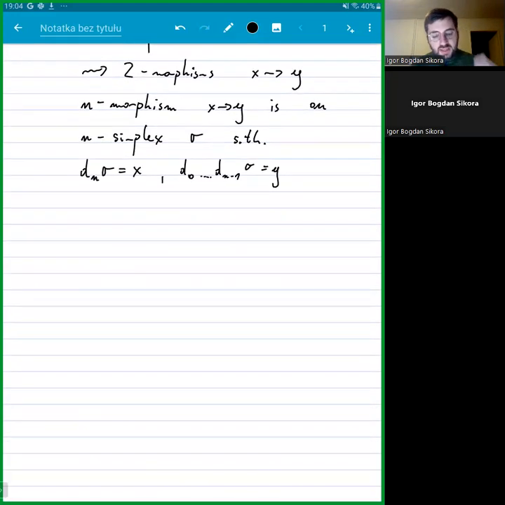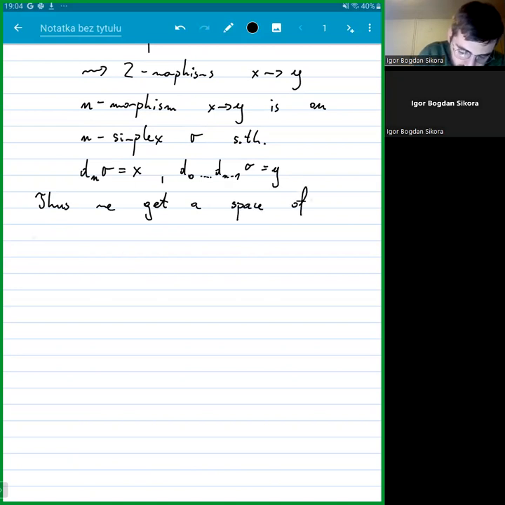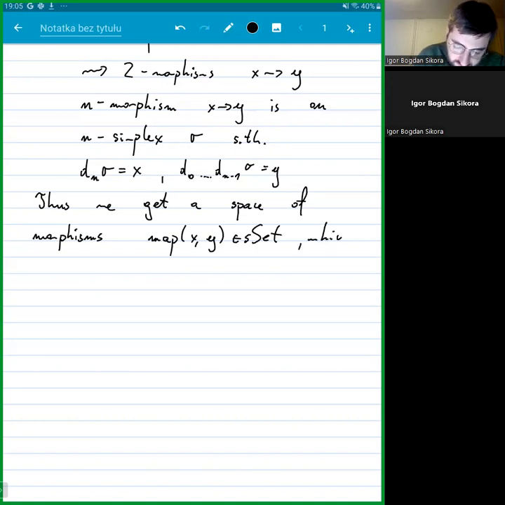And we can actually assemble all of these morphisms into a space of morphisms, which actually turns out to be a Kan complex.